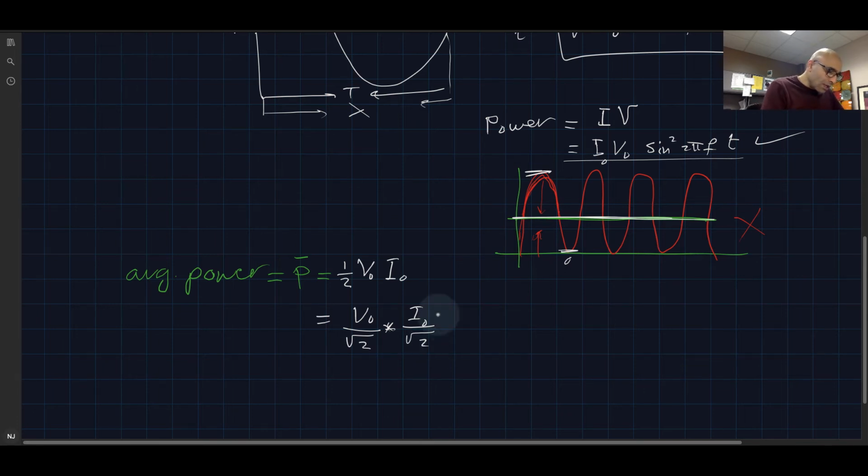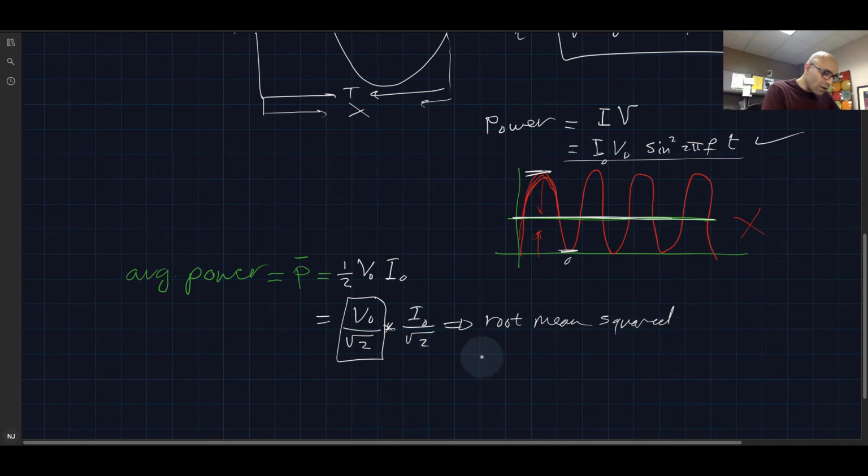Now we can look more into this, because this quantity here has been given a name. It's called the root mean squared value. So this is the voltage root mean squared, and this is the current root mean squared.